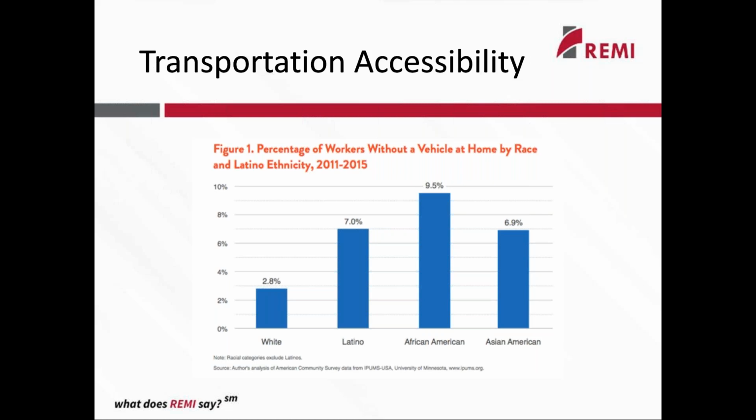This is from 2011 to 2015, and we can see that the largest proportions of people that can't get to work with their own car are majority African American, Latino, and Asian American, whereas white people tend to have a vehicle at home. So transportation accessibility clearly has some DEI implications when it comes to who needs public transit and who needs that to get to work.